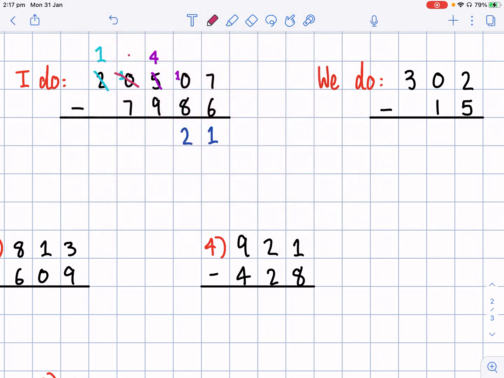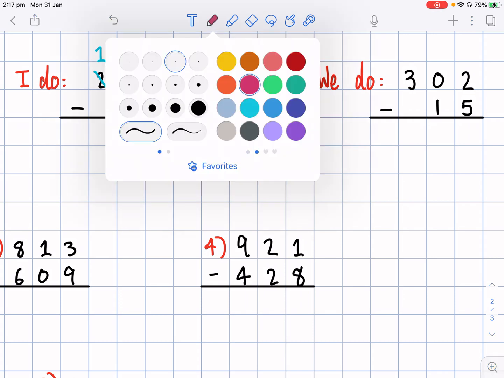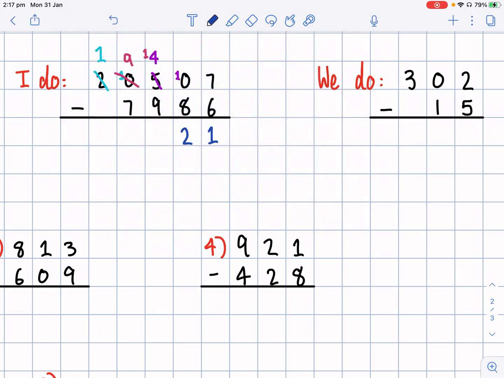Instead of a 10, it becomes a 9. And that means this 4 becomes 14. That was a lot of borrowing. So we've got 14 minus 9, which is 5. 9 minus 7, we can do that, is 2. And 1 minus nothing under it, 1.